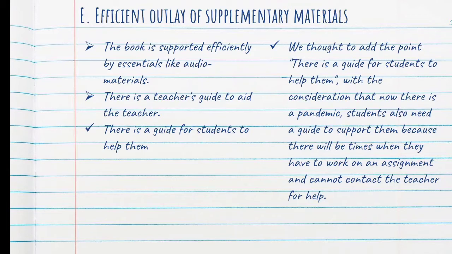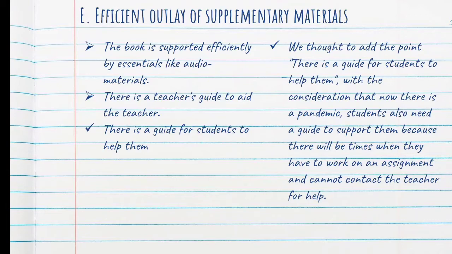There is a guide for students to help them, because in this pandemic situation, there will be situations when students also need a guide to support them, because there will be times when they have to work on assignments and cannot contact the teacher for help. So we think that students also need the guide to help them with their assignment.